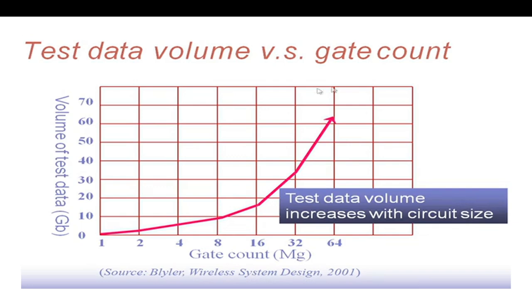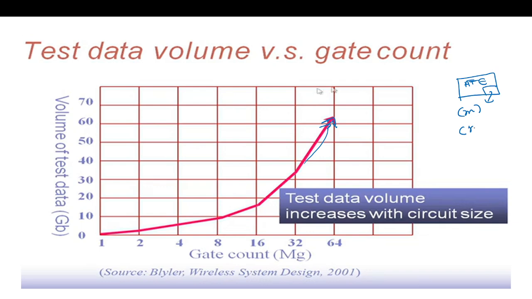So we can see that the number of gates are increasing and also the volume of the test data, the number of test patterns is also increasing exponentially. And now one more thing, if we have an ATE machine, say before we were having some memory, now because of this increase in the test patterns, we cannot buy a new ATE because ATEs are also costly.